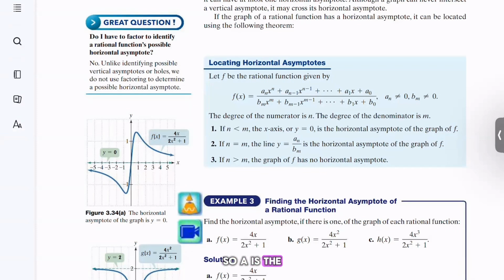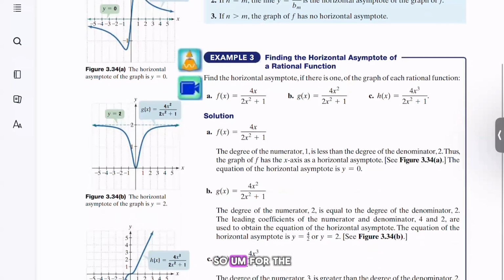So a is the coefficient of the terms in the numerator, and b is the coefficient of the terms in the denominator. So you just divide those two. The example makes more sense. And then if the degree of the numerator is greater than the degree of the denominator, then the graph has no horizontal asymptote.